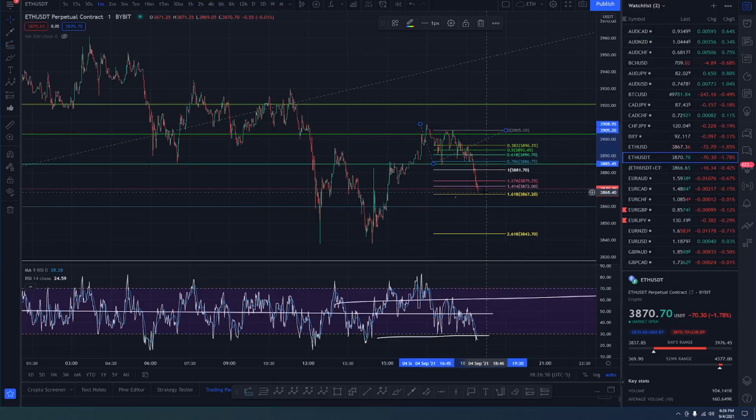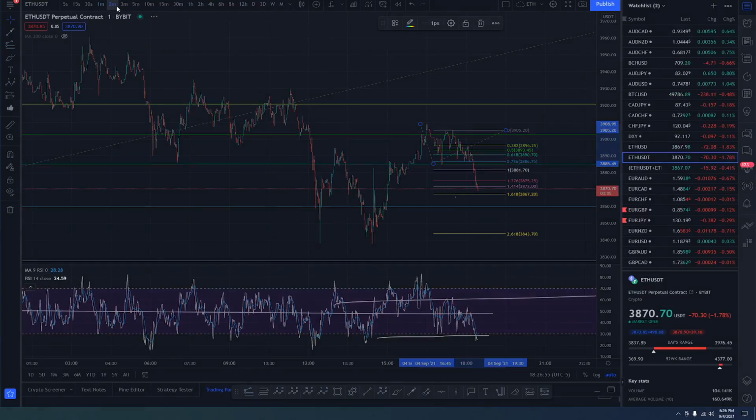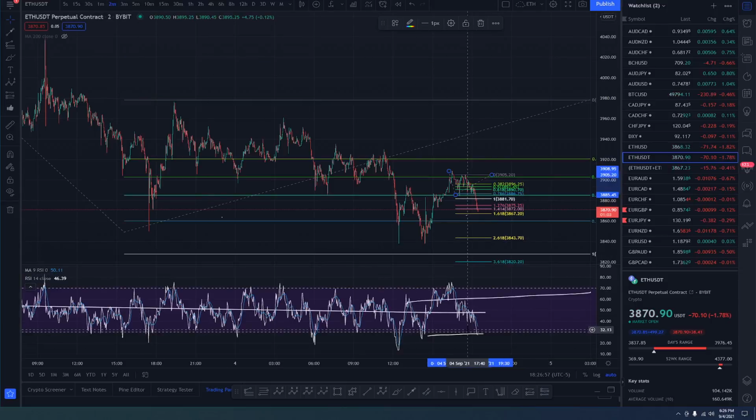It's coming down to the 1618 area. Should be reversing around. It's oversold.